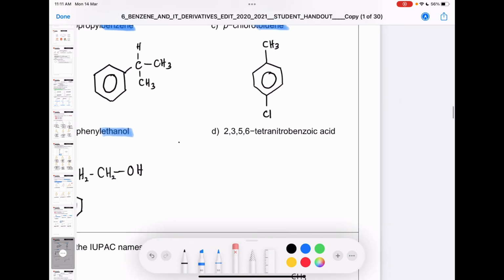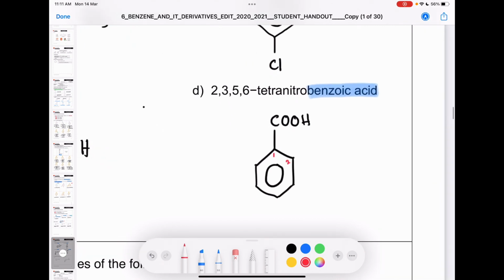And lastly, D, we have our parent chain, which is benzoic acid, and we have 2,3,5,6-tetranitrobenzoic acid. Start by drawing benzoic acid first, which is COOH. Before that, let's give numbers to it: 1, 2, 3, 4, 5, 6.